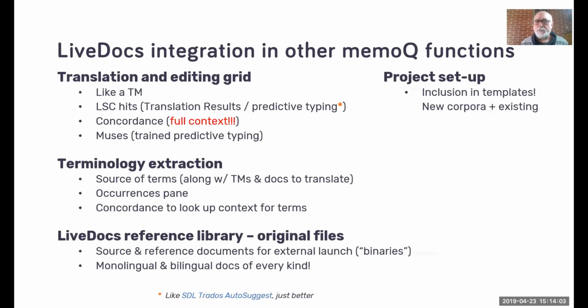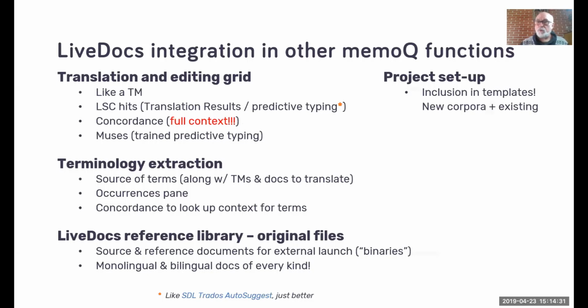And you can do this in a couple of different ways. When you do the term extraction, you can select LiveDocs corpora to do the term extraction in. So you can mine a corpus, for example, of all of your clients' product literature in the source language. Okay, term extractions are done on the source language.